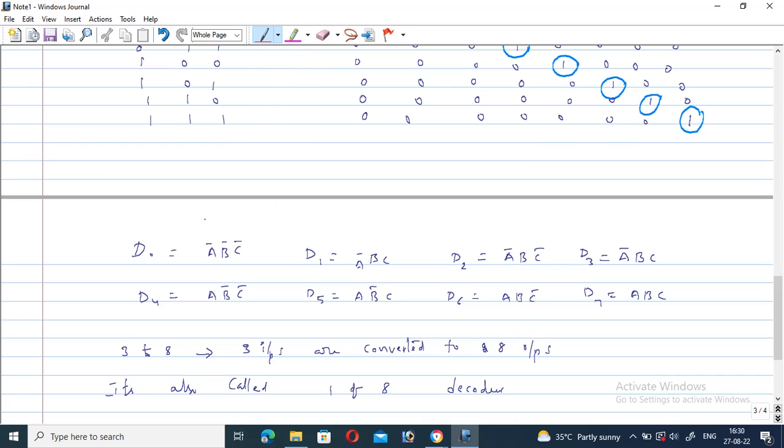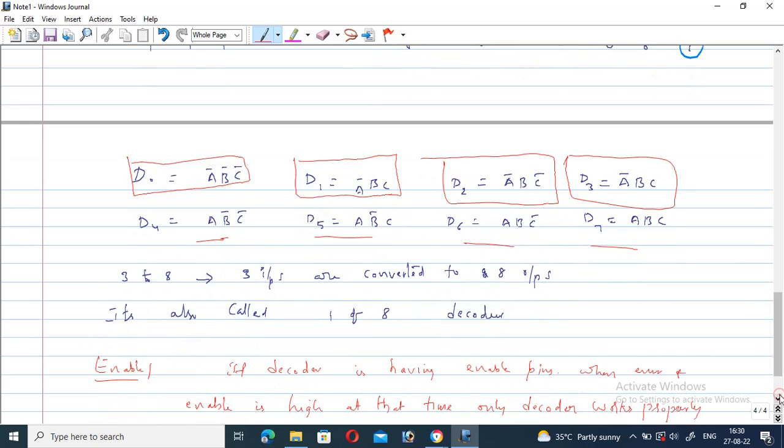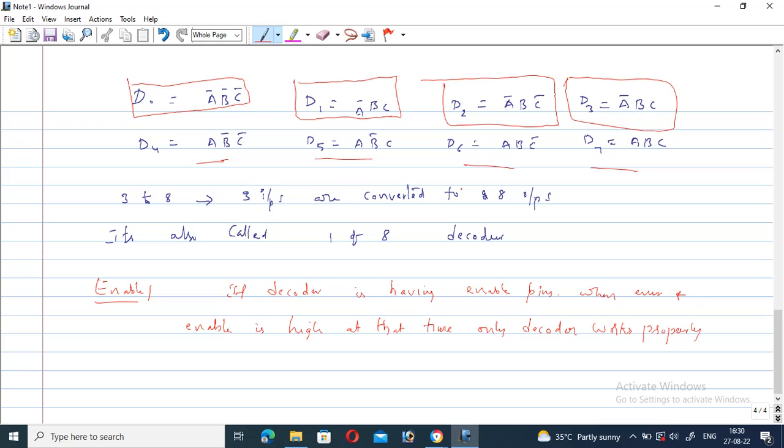D0 is activated for this combination, D1 is activated for A bar B bar C combination, D2 is activated for this combination, and D3 like this. Similarly D4, D5, D6, D7 are all activated based on the corresponding input combination. It is also called a 3 to 8 decoder or a 3 to 8 converter, and also a 1 of 8 decoder. If the decoder has an enable pin, that pin must be high, and only then does the decoder work properly. That is the decoder.